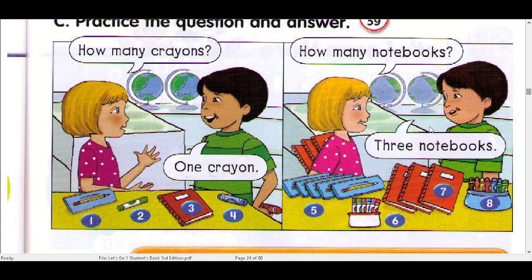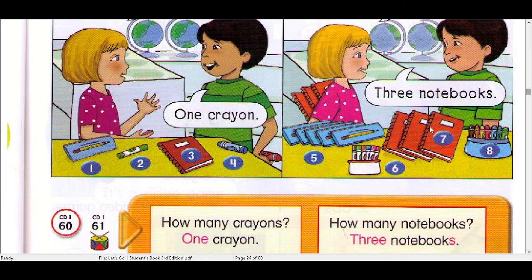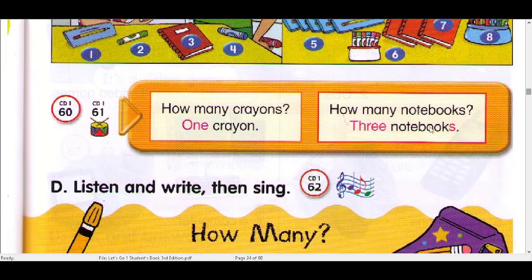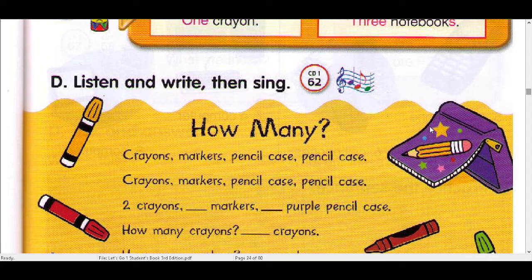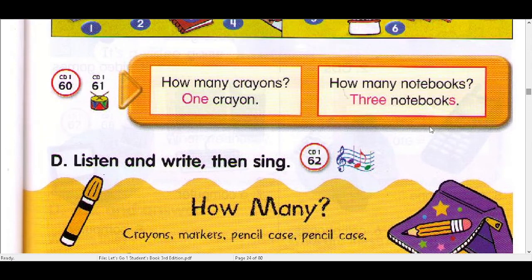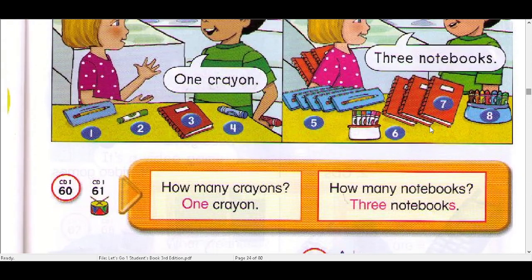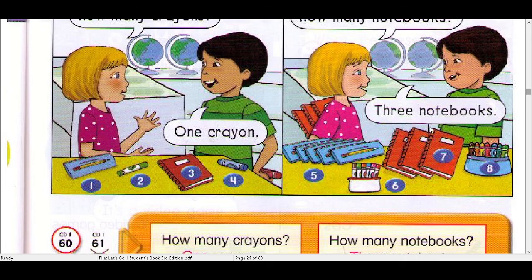Track 61. How many crayons? 1 crayon. How many markers? 6 markers. How many pencil cases? 5 pencil cases.